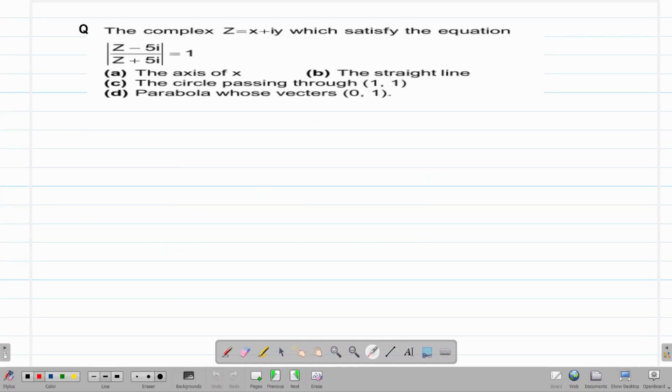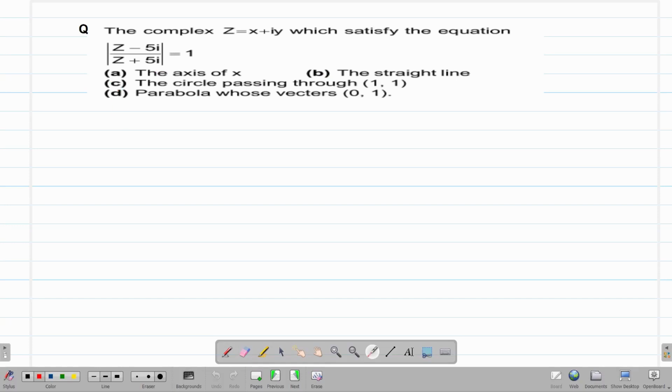Now here are the applications. The complex number z is equal to x plus iota y, which satisfies this condition: mod of z minus 5 iota upon z plus 5 iota is equal to 1, and we have to check. As we know, if this k is 1, then the locus is a straight line. So that may be the axis of x, or some other straight line, because both A and B are straight lines.